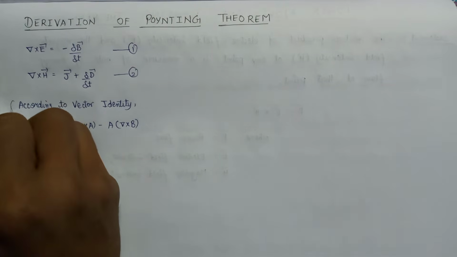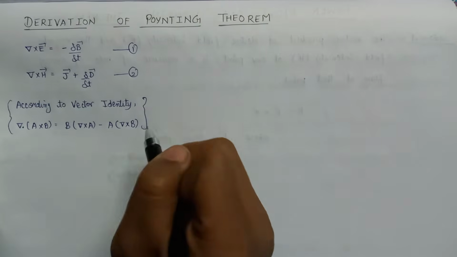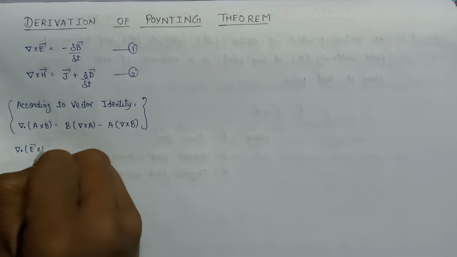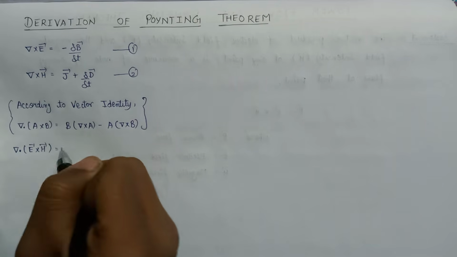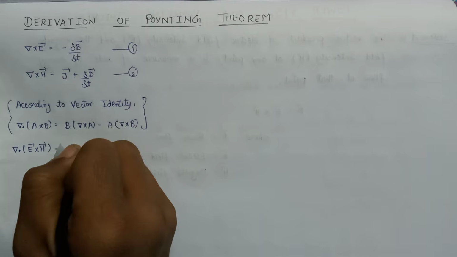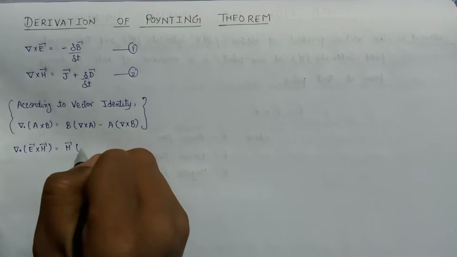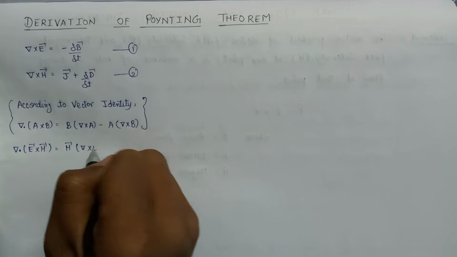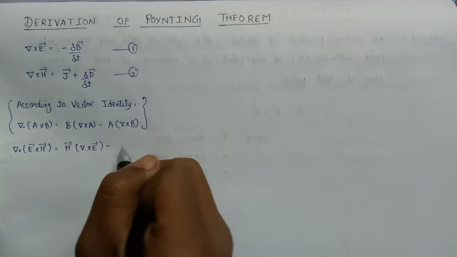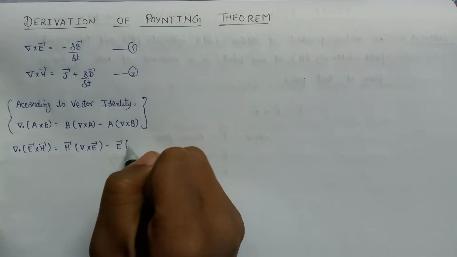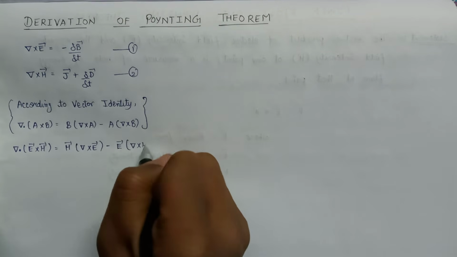With the help of this vector identity, if we evaluate del dot E cross H, it will be equal to H multiplied with del cross E minus E multiplied with del cross H.